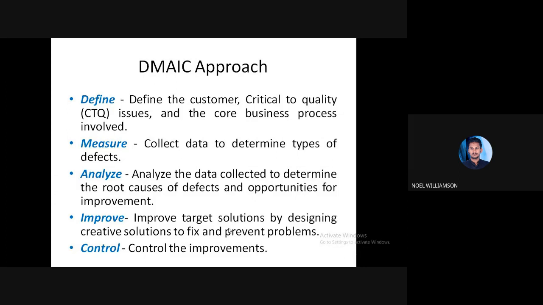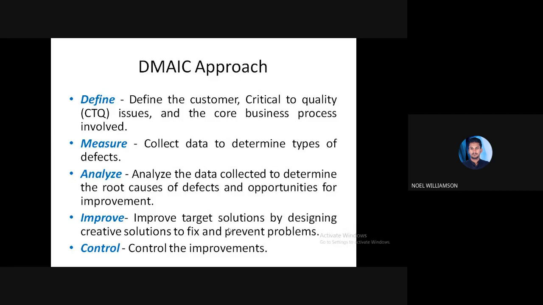Anyway, these are the 5 steps of the DMAIC model. First one, define. Define means defining the customer, the critical to quality issues, and the business processes involved.